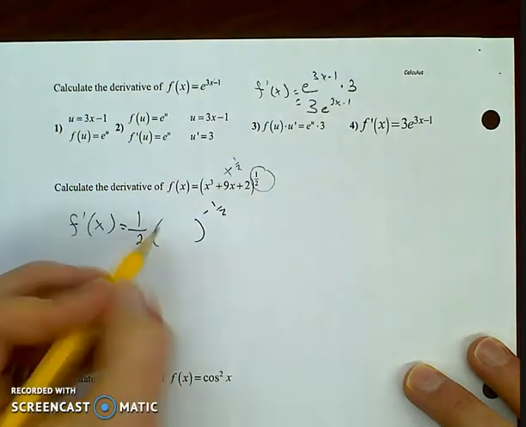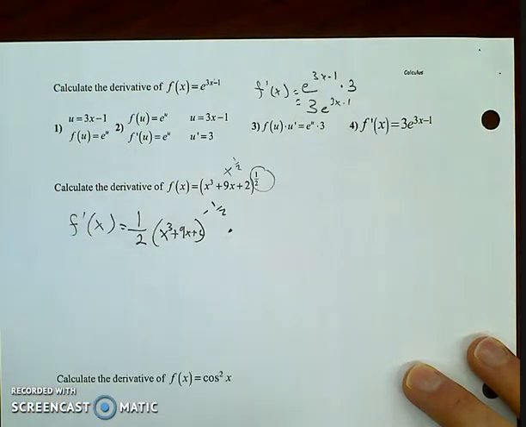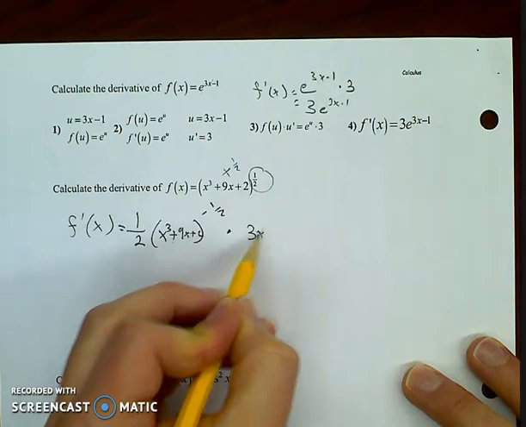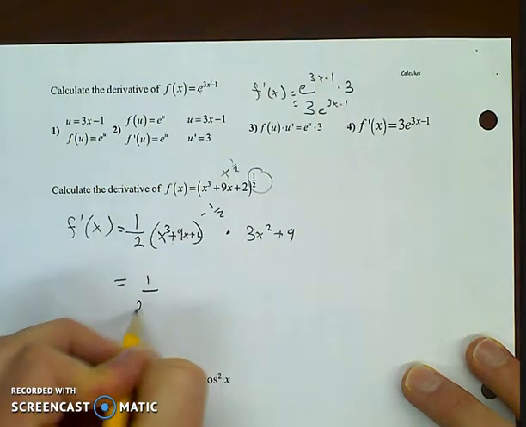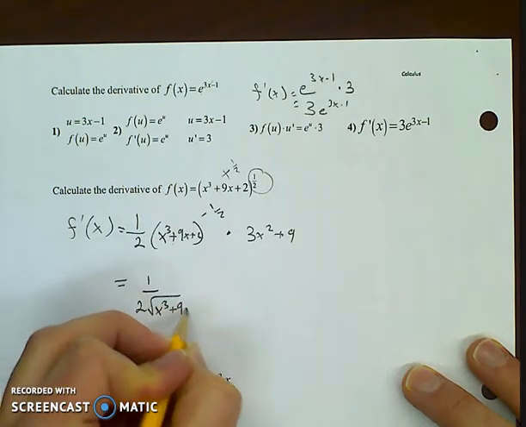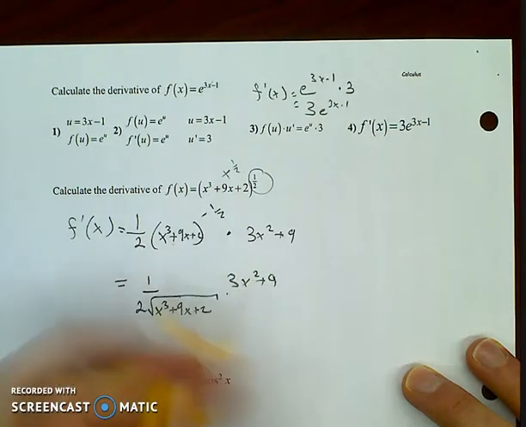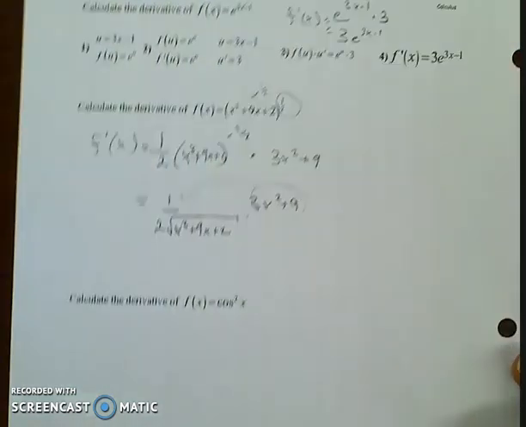Keeping the inside the same, x cubed plus 9x plus 2, multiplied by the derivative of the inside, 3x squared plus 9. And if we redo all that to make it look nice, bring that to the bottom. And then we could just put that over there, getting the same answer as before.